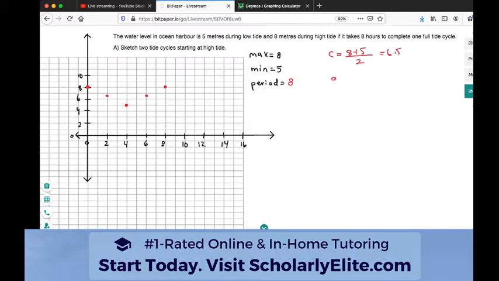Then we're going to get our A term, which is 8 minus 5 divided by 2, which is just 3 divided by 2, which is 1.5. Cool.